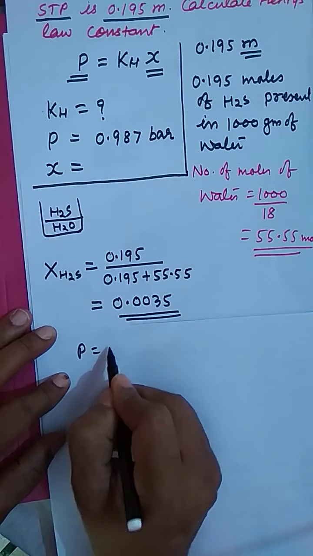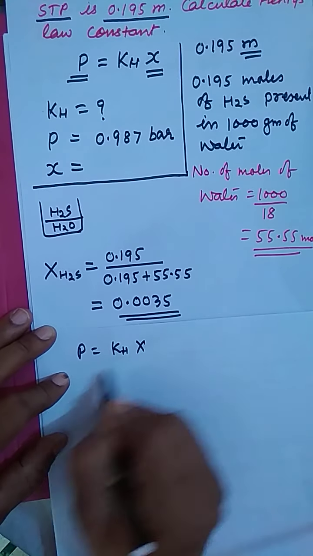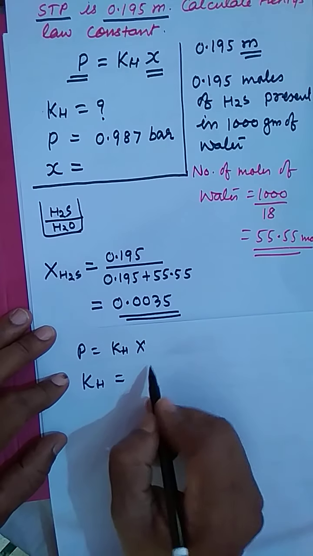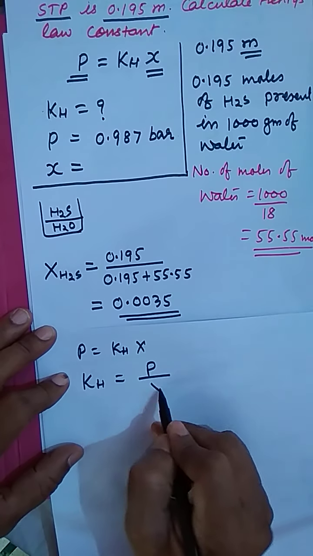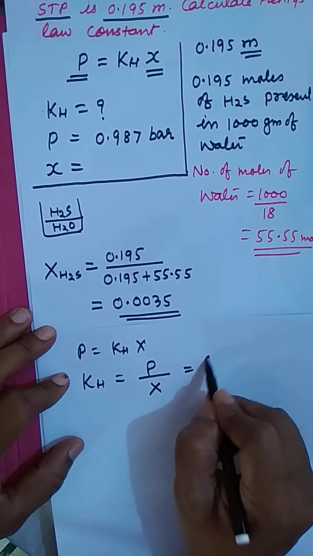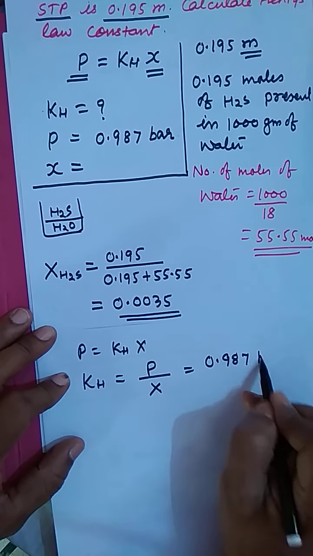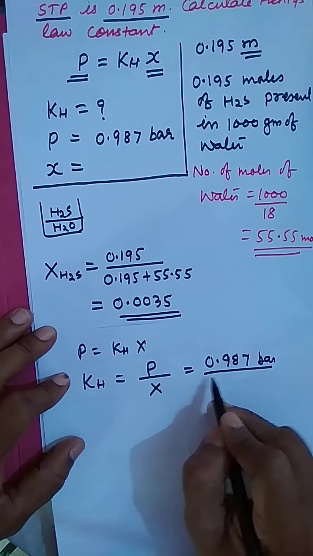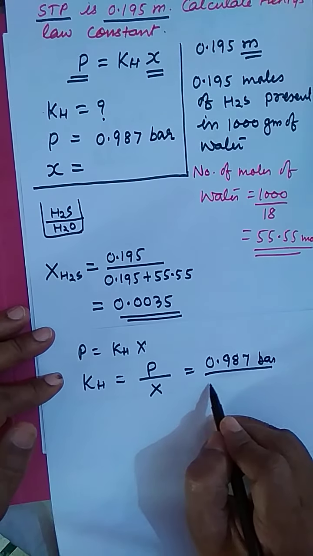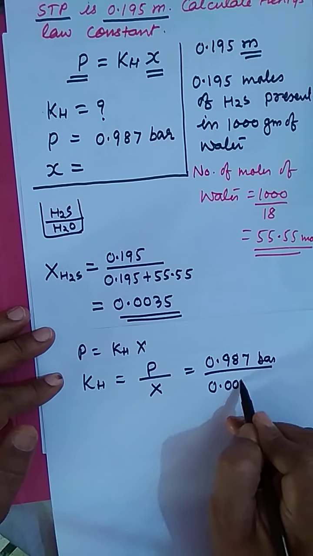P equal to KH X, so KH is equal to P upon X, and P is 0.987 bar upon mole fraction, which is 0.0035.